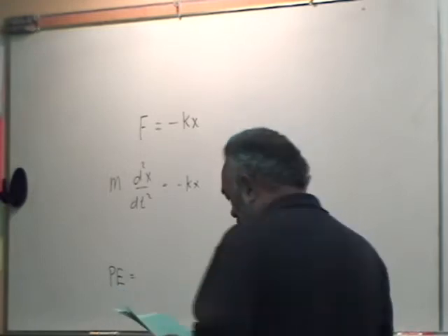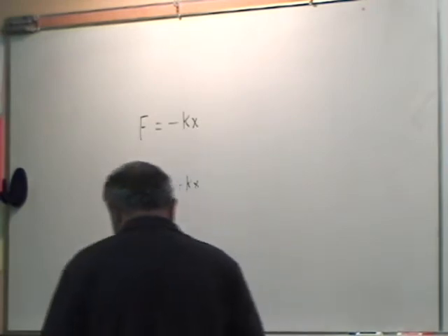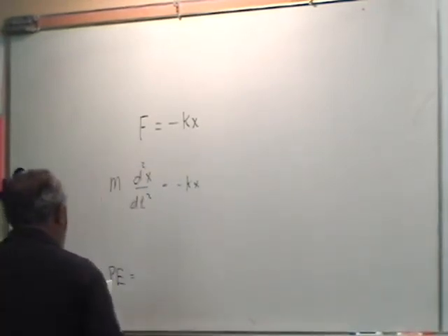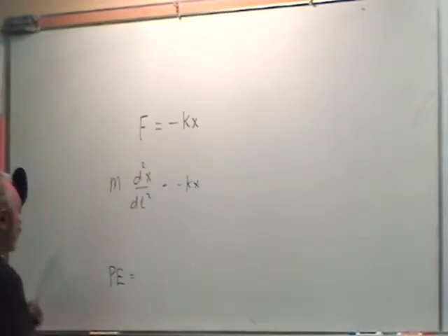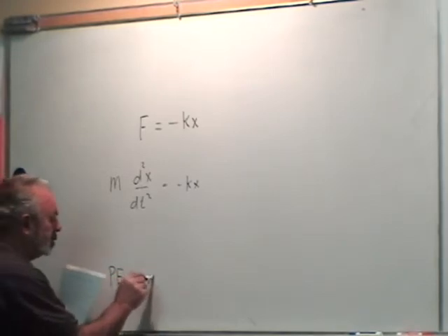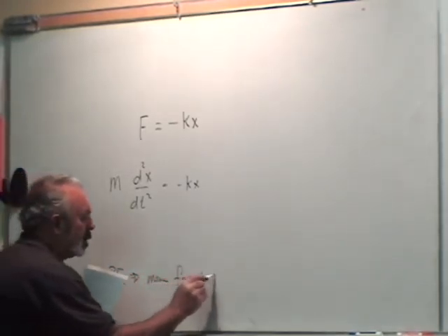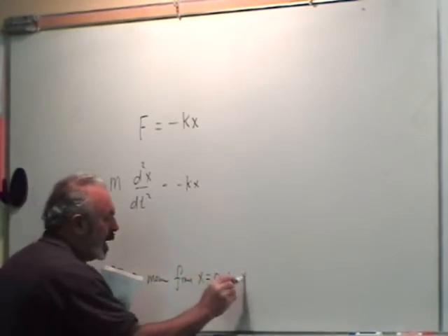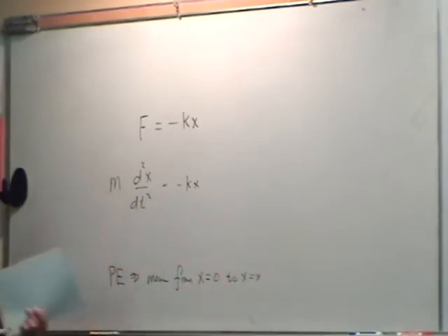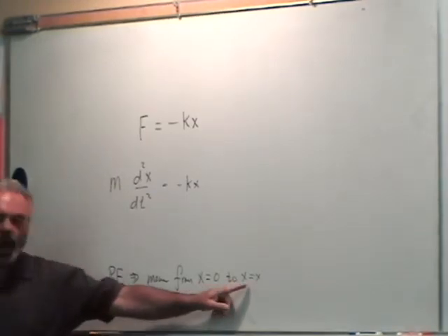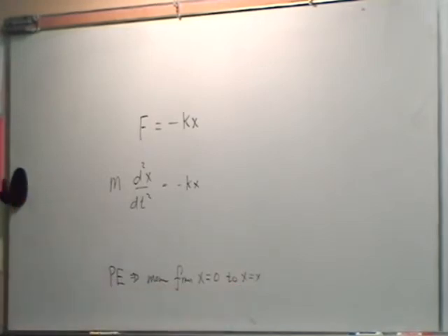But in this case, we want to move this thing from x equals 0 to x equals x. That looks like a silly statement, but what we're talking about is just some arbitrary position. And we'll be specific in a few moments.